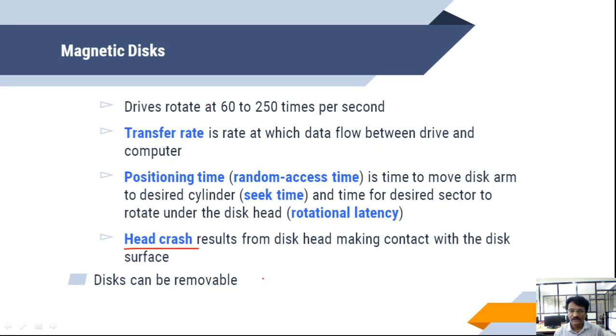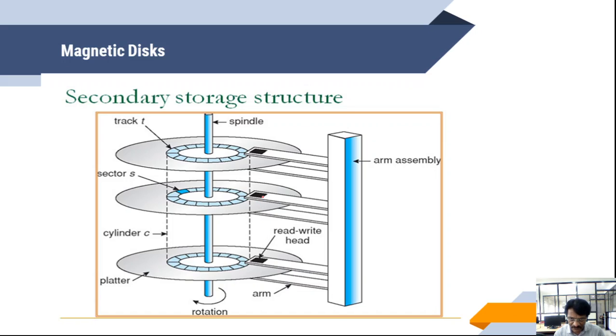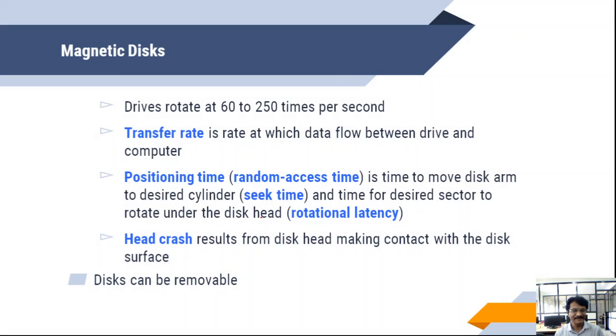A head crash results from the head making contact with the disk surface. If this head contacts this platter, the head will crash because the speed at which they rotate is enormous. So that is why the head may crash.